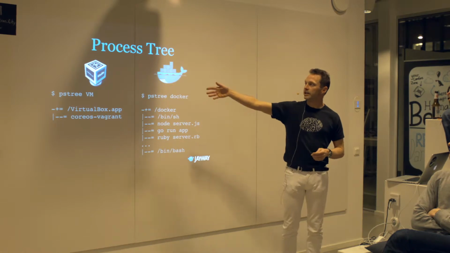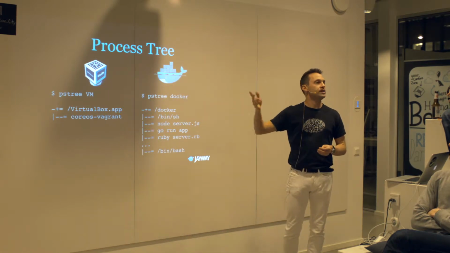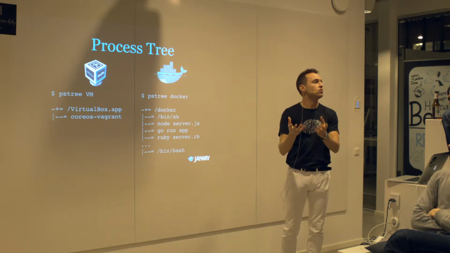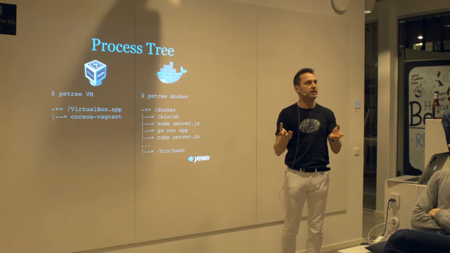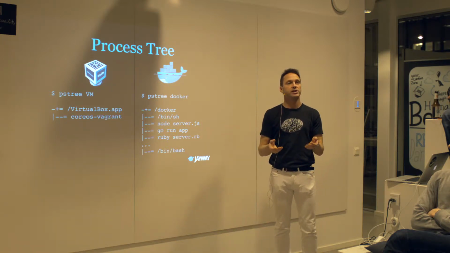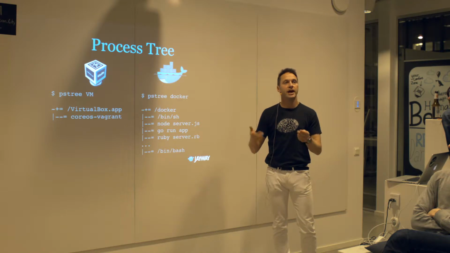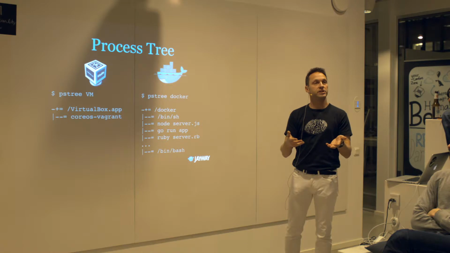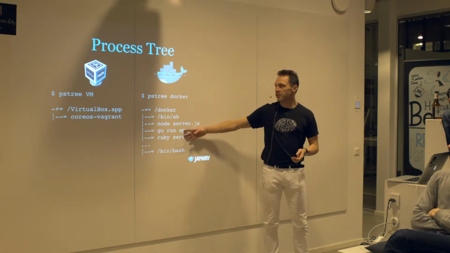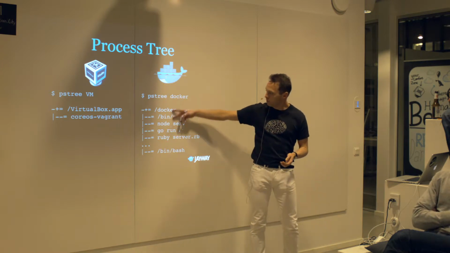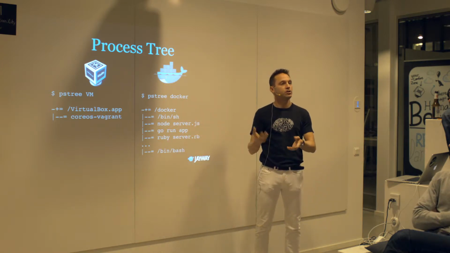If I'm running in a virtual machine, I'll show a process tree which only shows the virtual machine on the host machine. It doesn't show me any other processes, because it doesn't know anything about those processes, because they're executing inside the virtual machine. But if I do the same thing on a machine that is running on the Docker engine, all the processes are visible to the host.